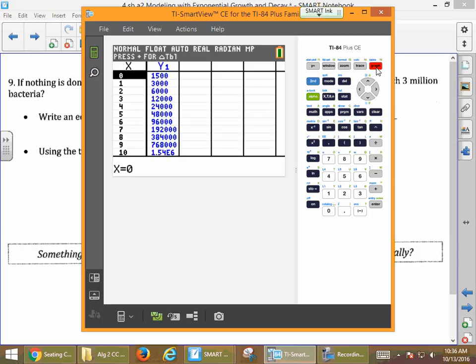So when we double the 768,000, what we ended up with here is 1.54 e to the 6th. That's in scientific notation. But if we double 768,000, what you might realize is that we're getting 1,540,000 or so bacteria.